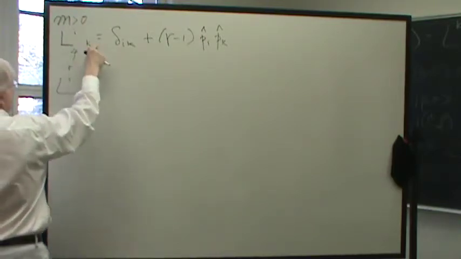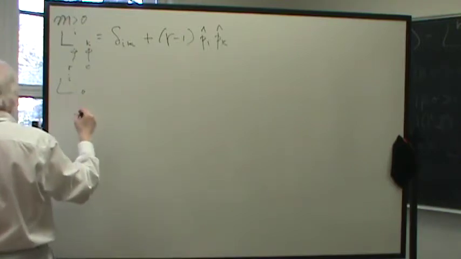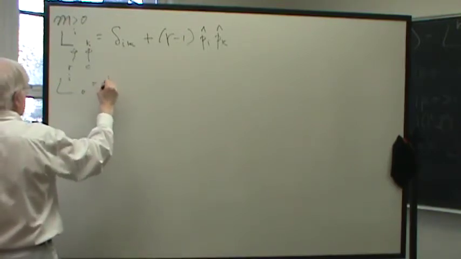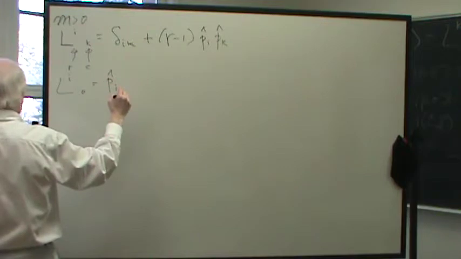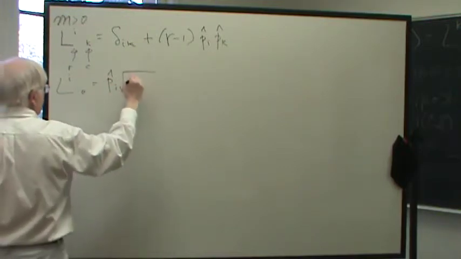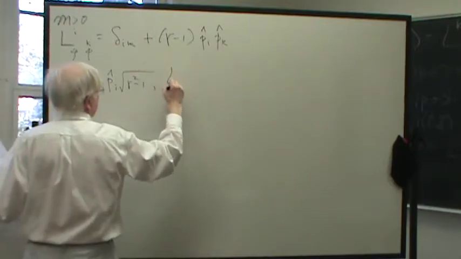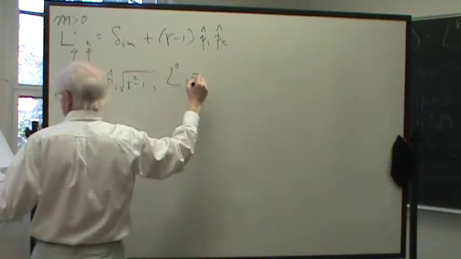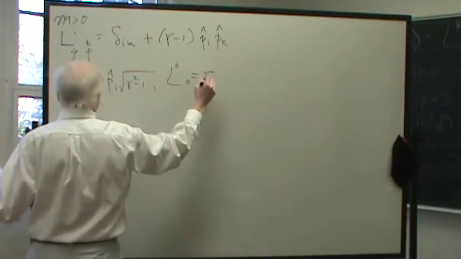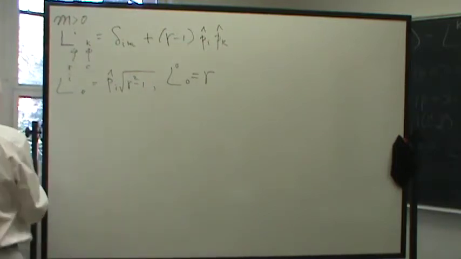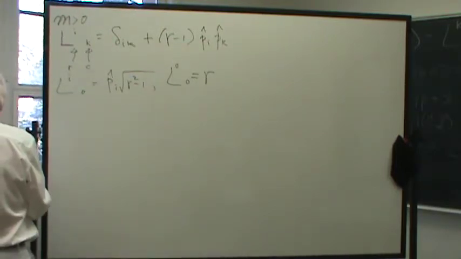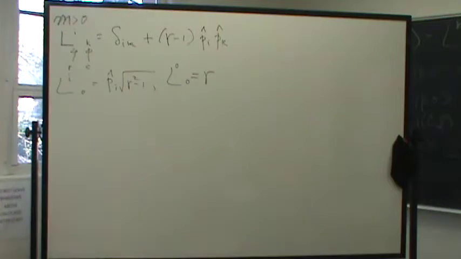So this is spatial. L_i0 is p hat_i times the square root of gamma squared minus 1. And L_00 is just simply gamma. So that's the standard L of p explicitly.